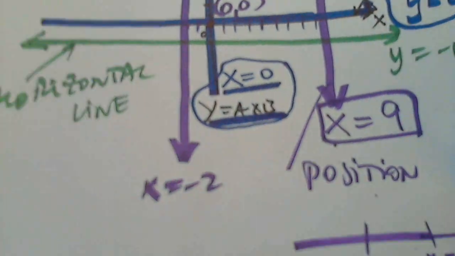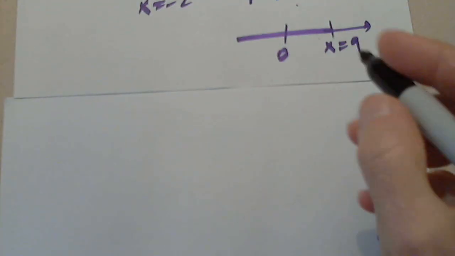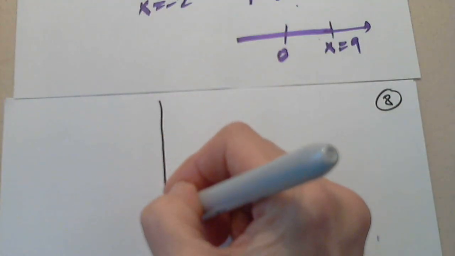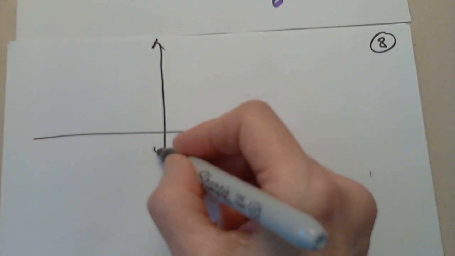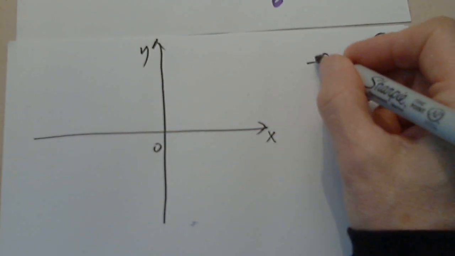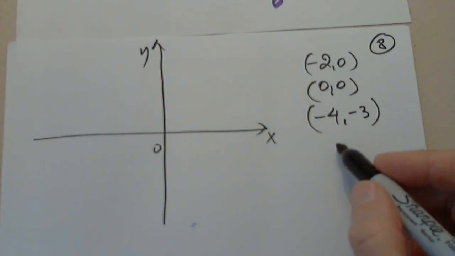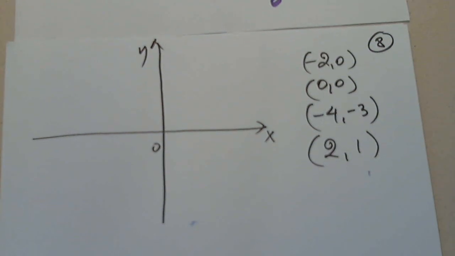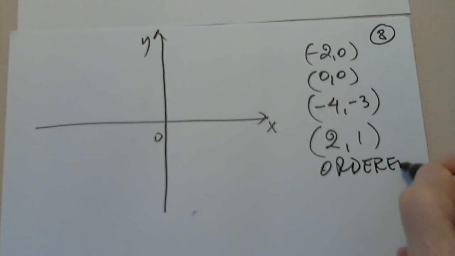Now, on the Cartesian system or coordinate system, how do I plot ordered pairs? I'm going to make up some ordered pairs: (-2, 0), (0, 0), (-4, -3), (2, 1). These are all ordered pairs. The first element is always x.